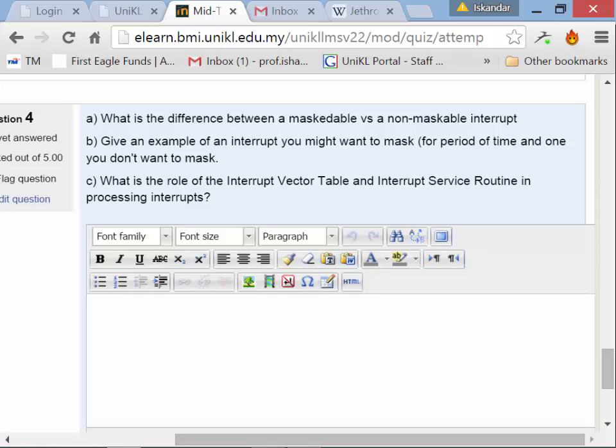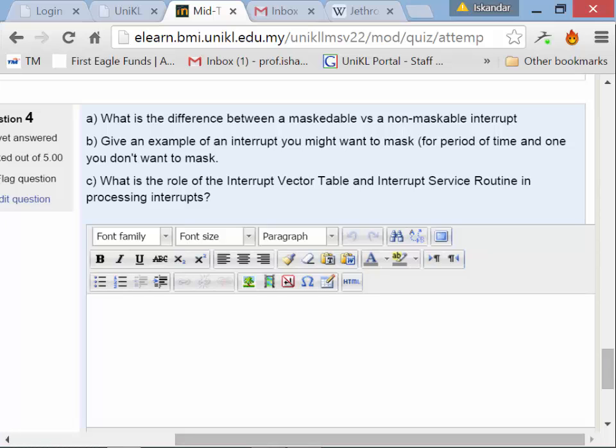That's all you need to say: the difference is that a maskable interrupt is one that you can ignore, where a non-maskable interrupt must be serviced. (Maskable is misspelled there, there shouldn't be an ED.)